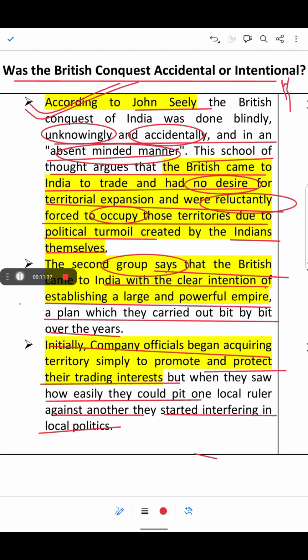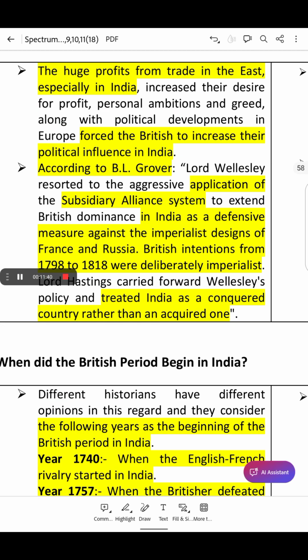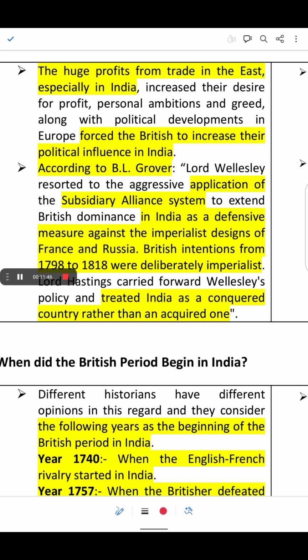Okay. Next is, huge profit from the trade in the East, especially in India, increased their desires for profit. Personal ambitions and greed, along with the political development in Europe, forced the British to increase their political influence in India.